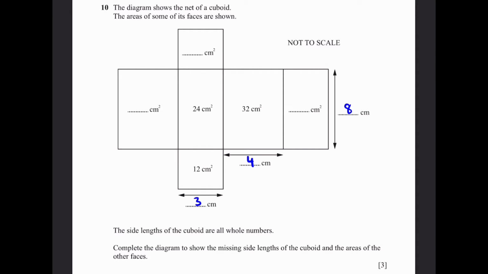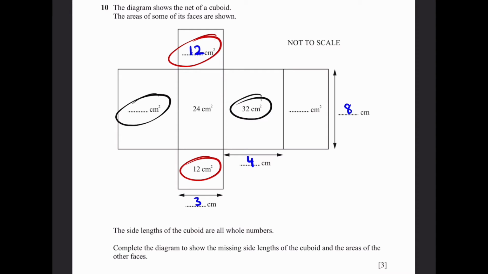Now we can solve the areas. In a cuboid, opposite faces are equal. So now let's visualize folding this cuboid. If you fold the cuboid, these 2 faces will be opposite, and therefore the area of this one will be 12 centimeters squared. Now let's look at these 2 faces.